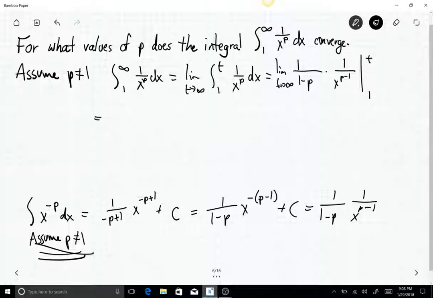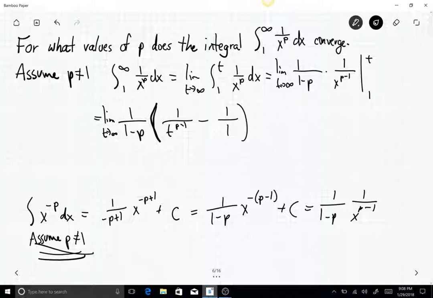And this thing equals, it looks all sorts of nasty, but we get 1 over 1 minus p times, since that's just a constant, I'll write it out what's going to happen here, and we'll put the limit as t approaches infinity. Okay, so we have that. We can plug in our t. 1 over t to the p minus 1 minus 1 over, well, 1 to the p minus 1 is just 1. Okay?